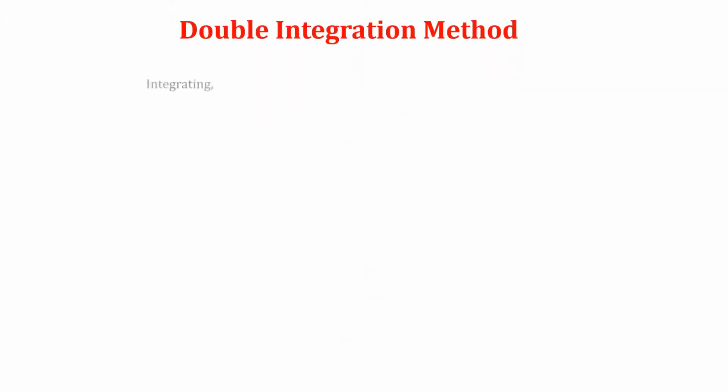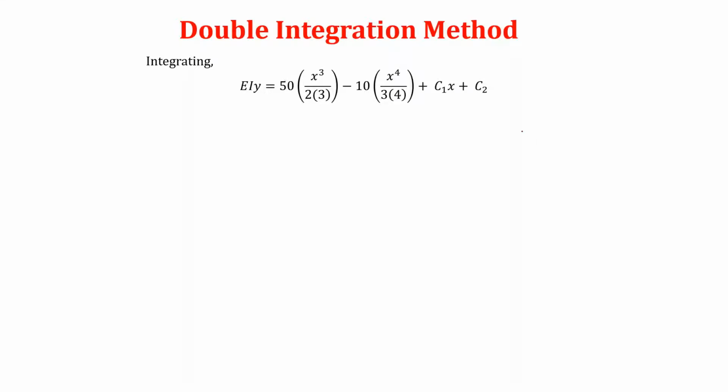If we integrate further, we have EIy equal to 50 times x cubed over 2 times 3, minus 10x to the 4th over 3 times 4, plus C1x plus C2. So C2 appears in the deflection equation. This is the deflection equation.